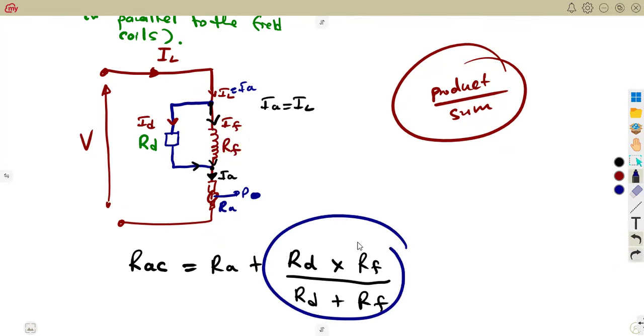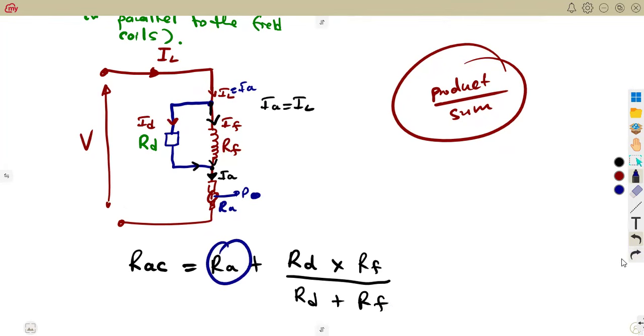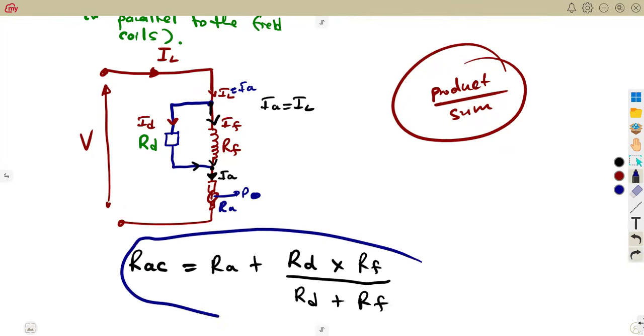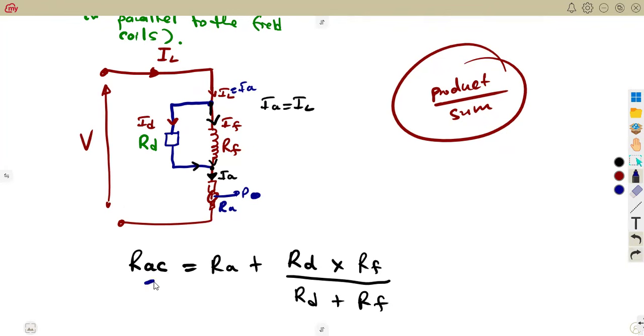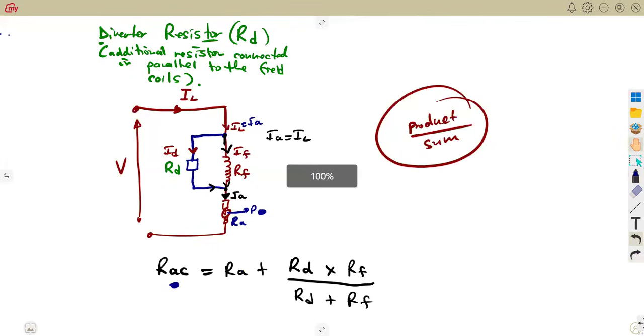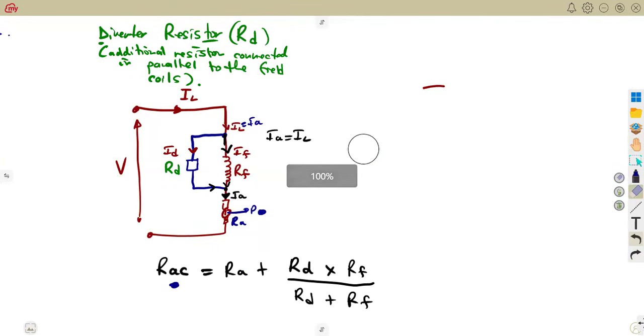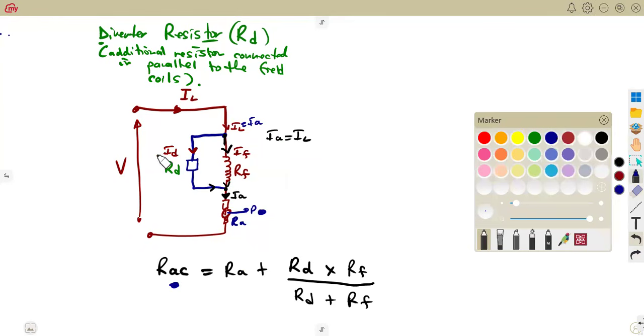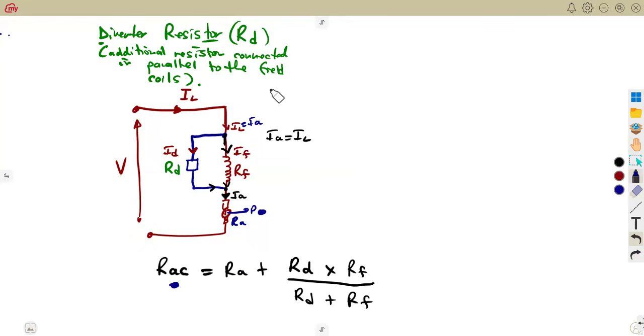This is the resistance affected together with that of the armature. Combined, they are giving us the resistance of the armature circuit. So take note, when a diverter resistor is connected, this is what you are going to need. And also, in addition, we are going to see this because it's going to be part of the speed control, but you're wondering, why am I talking about this?